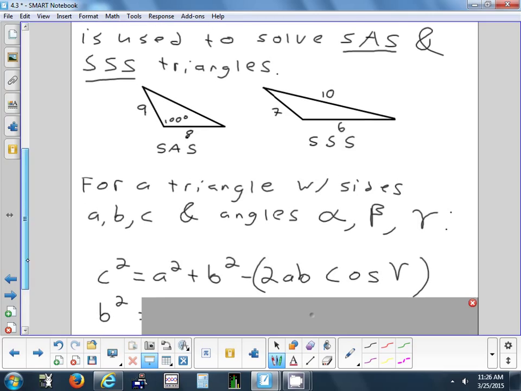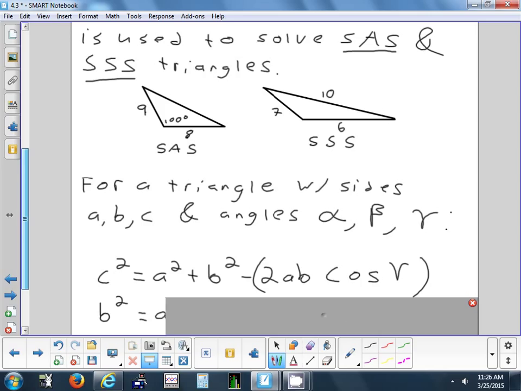All right, so now let's look at the one that starts out b squared. Based on the pattern above, anyone think they could figure out what two letters would be here? A and c, and what would you do with each one of them? Square them and add them.